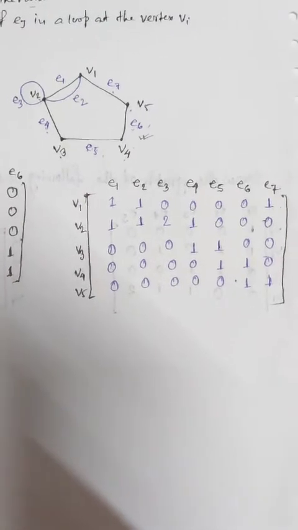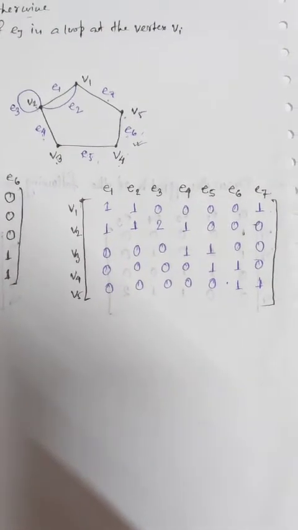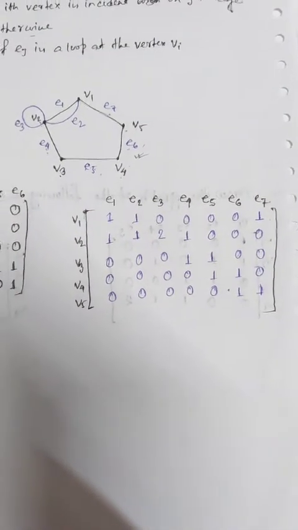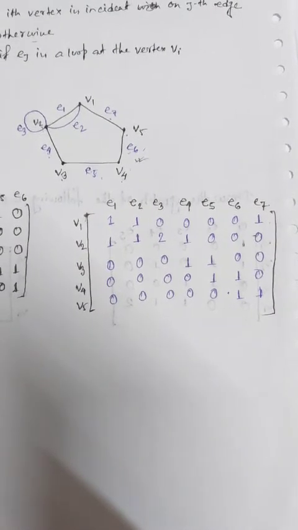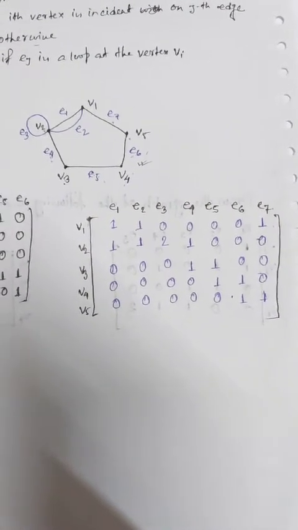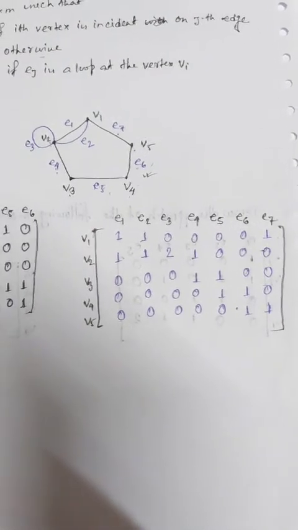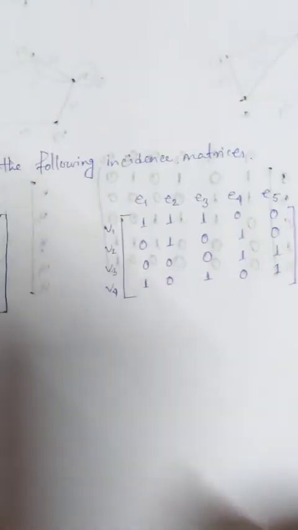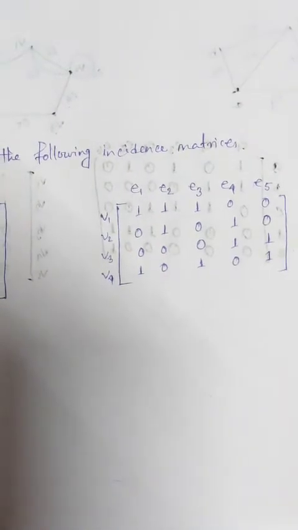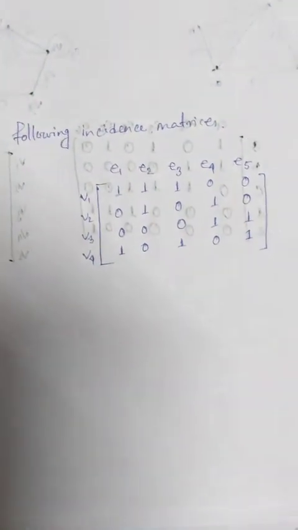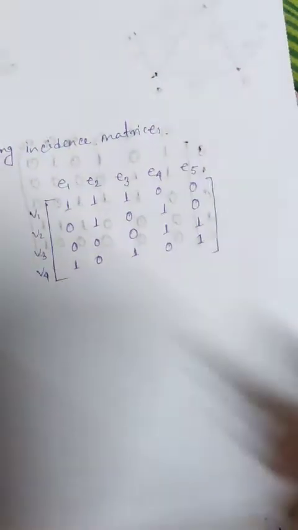And now I will show you how to draw the graph from the incidence matrix. So guys, now I will show you how to draw a graph from a matrix.